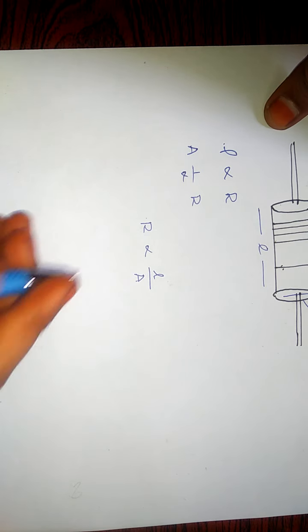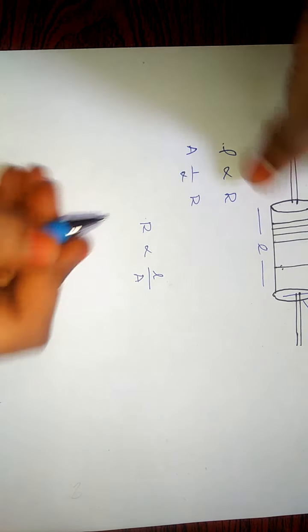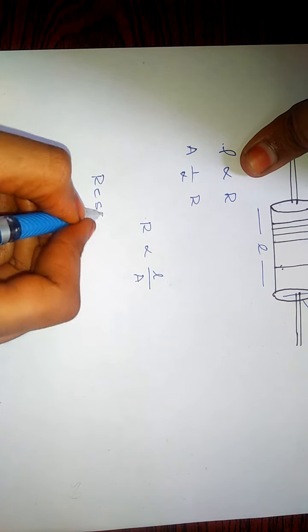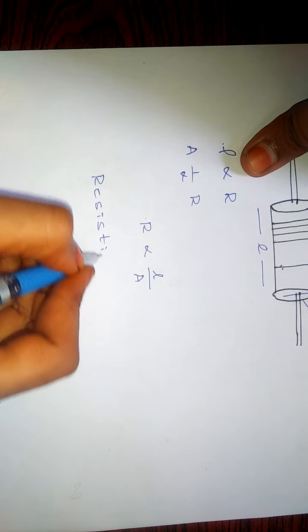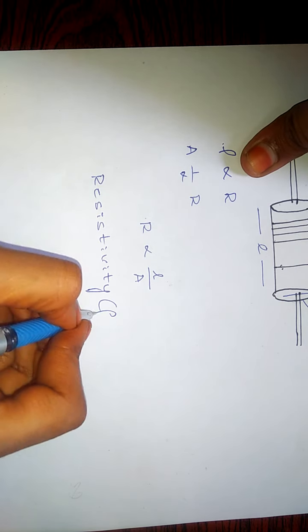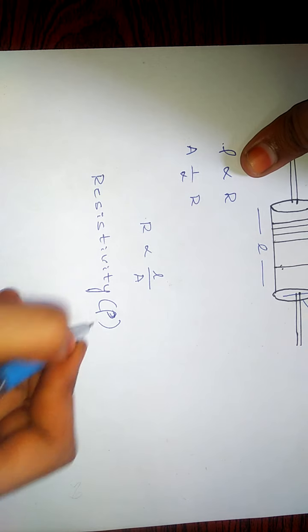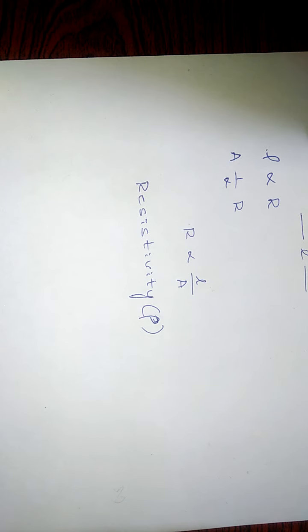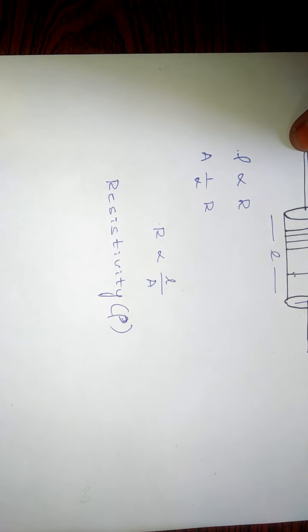So what is resistivity actually? Let me tell you. Resistivity is indicated by rho. Resistivity is nothing but how strongly a material can oppose the flow of current.